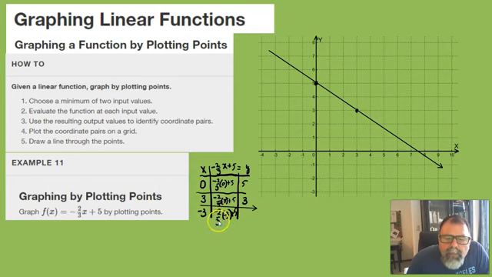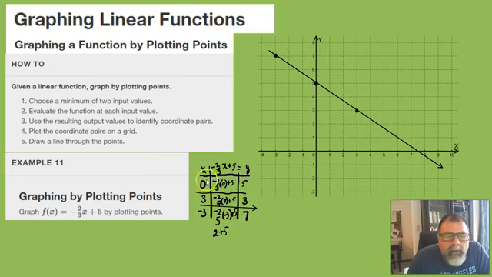So the 3's cancel and negative make positive 2 plus 5, which would be 7. So negative 3, 7. You can see that's on the line there. It's off a tiny bit because it looks like I'm off just a little bit. But anyway, that would be another reason to do 3. You can make your graph a little bit more accurate.